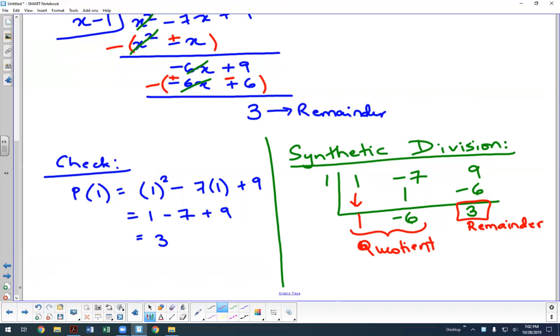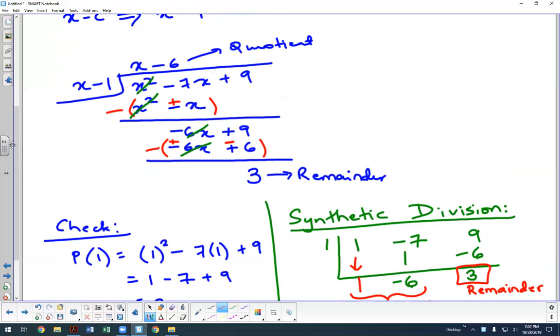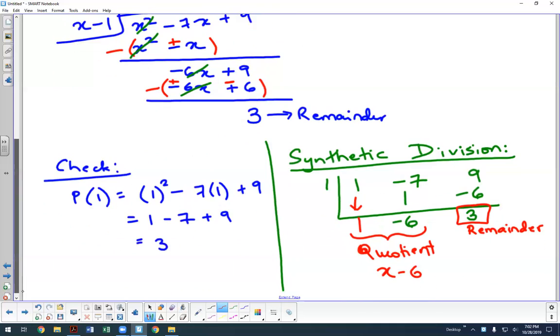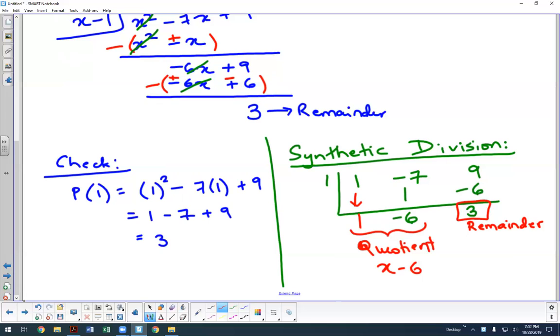So if this is x squared, 1 degree less means this 1 actually represents 1x. So you have x from here, and then the minus 6, which is what our quotient was when we did the ordinary division or the long division. So you've got x minus 6 from the first terms, and then the remainder 3 on the last term of your synthetic division. And then of course you can still do P of 1 to do a little tiny check, and you should still get the same answer of 3 left behind.